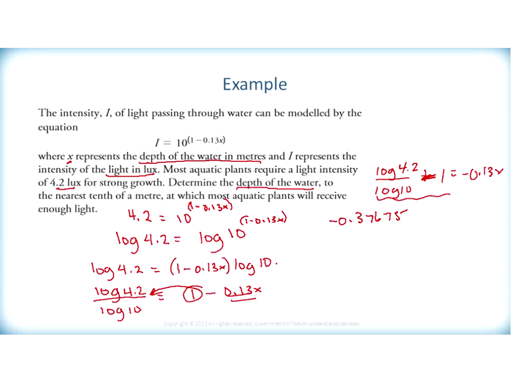This now will give us negative 0.37675 equals negative 0.13x. And so we see that when we go negative 0.37675 divided by negative 0.13 equals x, we get x to be 2.898. So the depth of the water will be 2.898 meters.